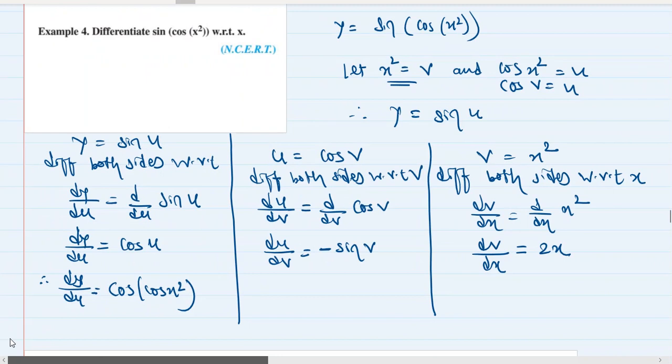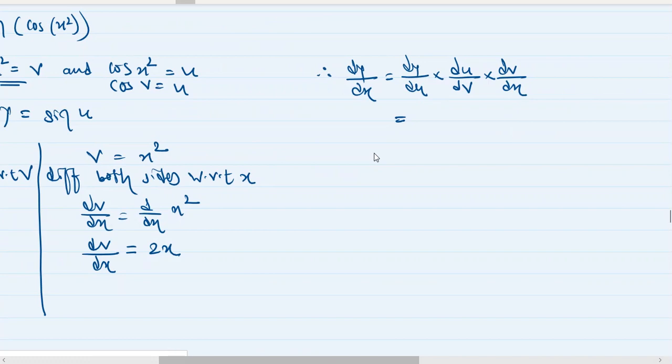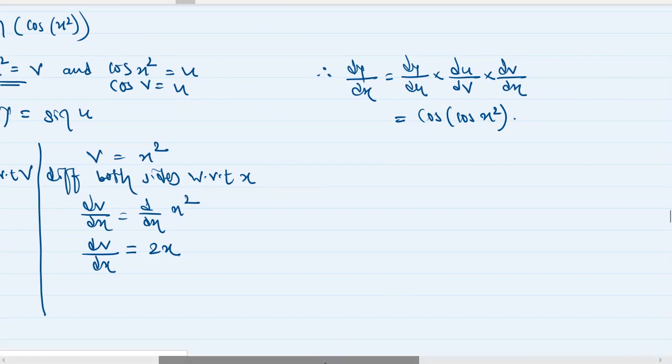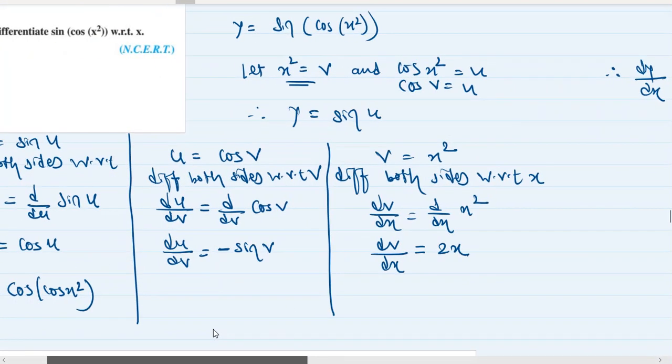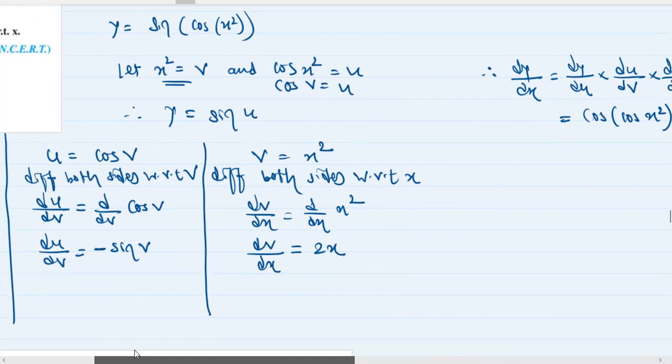The first value dy by du is cos of cos x square, multiplied by du by dv, minus sine v. We didn't put the value of v. Just a moment, let me simplify this.